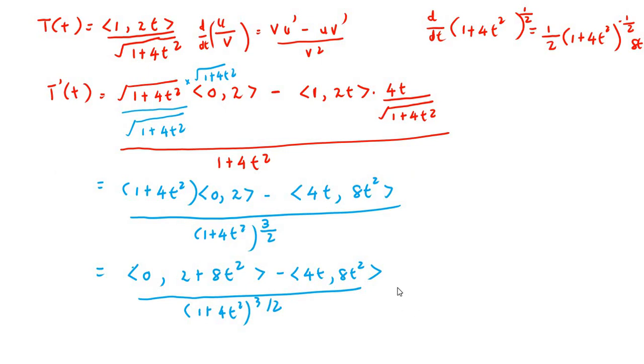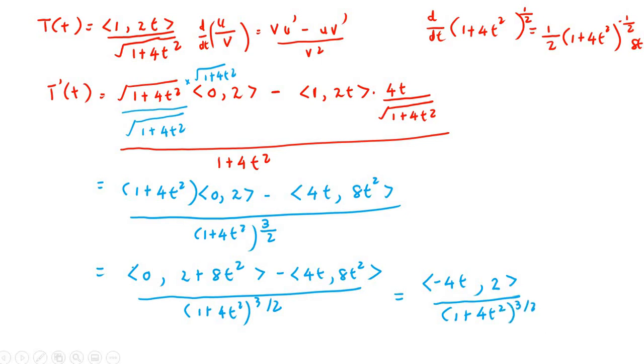We will simplify. So component i is negative 4t. Component j is 2 plus 8t squared minus 8t squared, so it leaves only 2 divided by 1 plus 4t squared to the power 3 over 2.